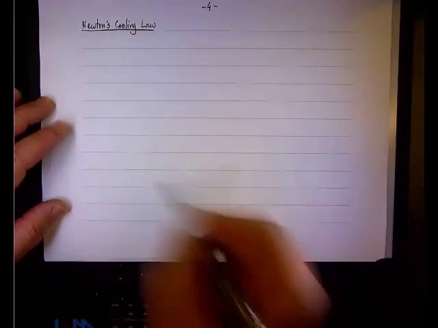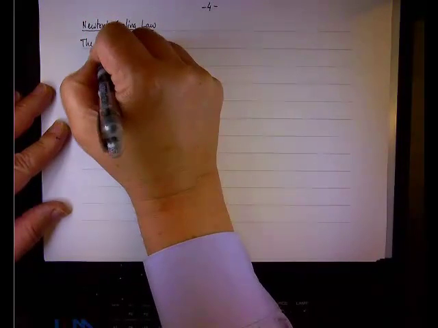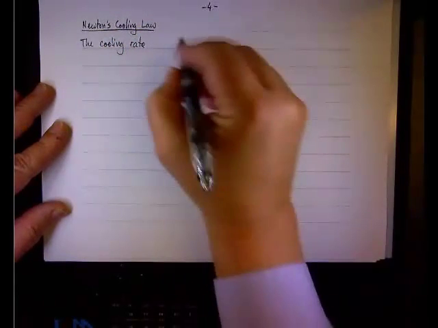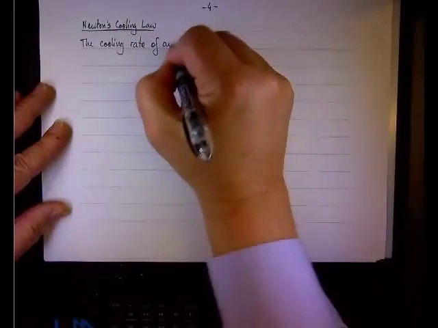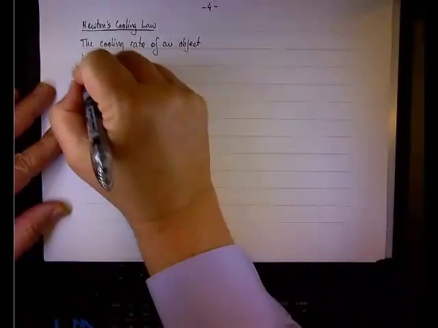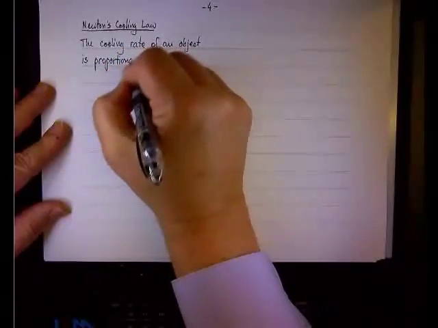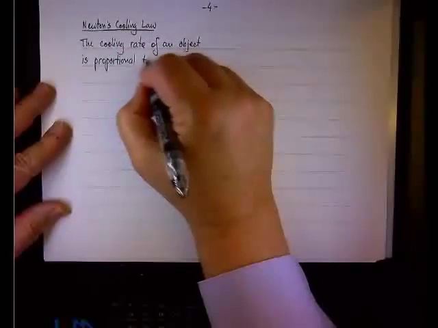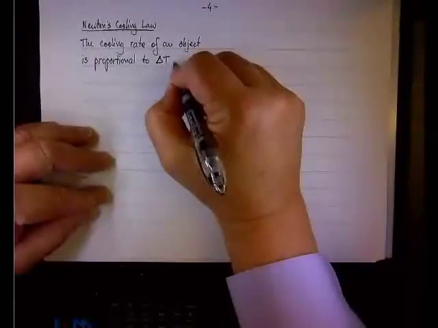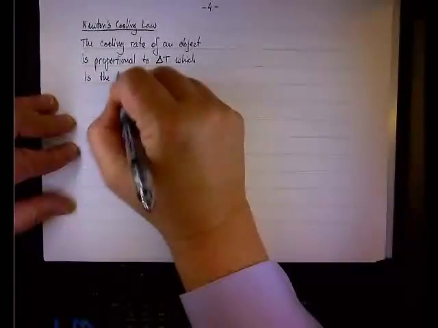So let's write here: the cooling rate of an object is proportional to delta T, which is the temperature difference.